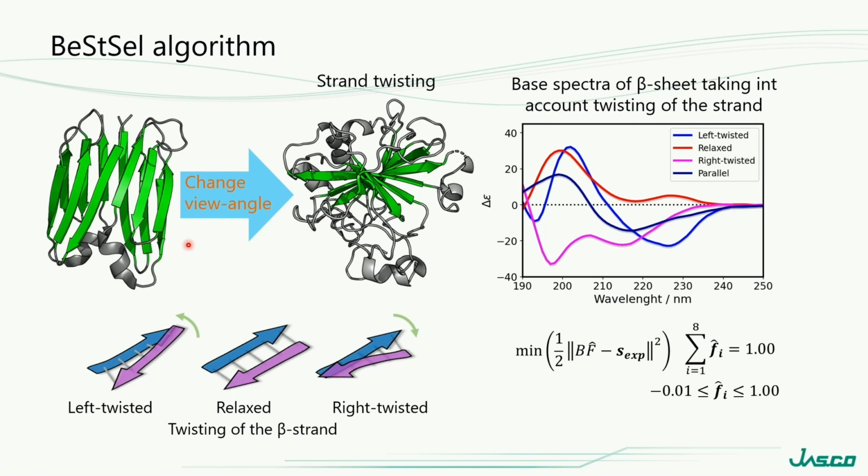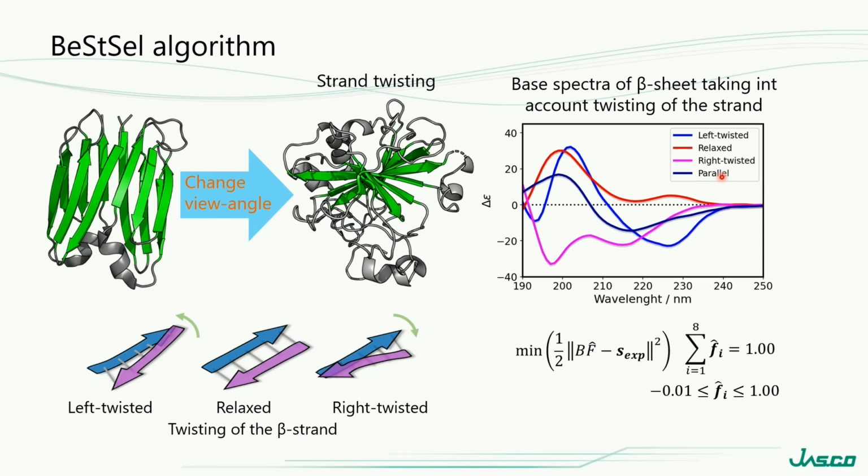However, from a different view angle, the beta strands are actually twisted between the strands, and Jozsef Kardos further classified beta strands into 3 types according to the degree of twisting angle and defined their new CD spectra.